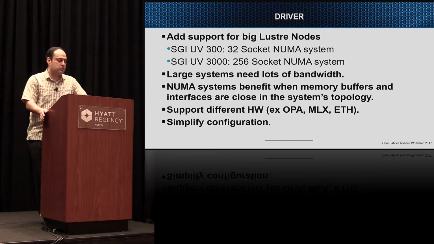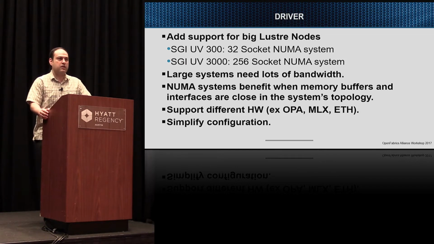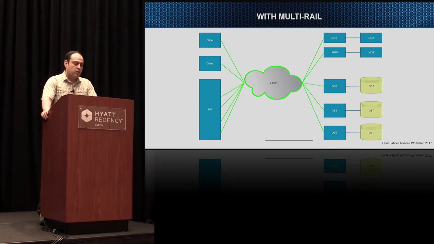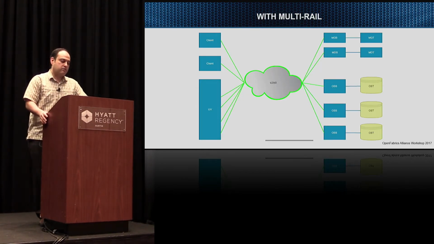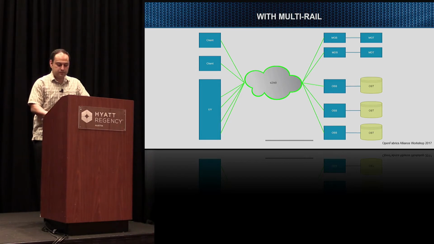Another driver was we wanted to be hardware agnostic, so we didn't want to implement MultiRail for OmniPath and Mellanox and Ethernet. We just wanted to do it at the LNet level so that all the underlying hardware benefits from it, and obviously simplifying the configuration. So we wanted to end up with a configuration like this. Just one network and have multiple interfaces connected to that network.